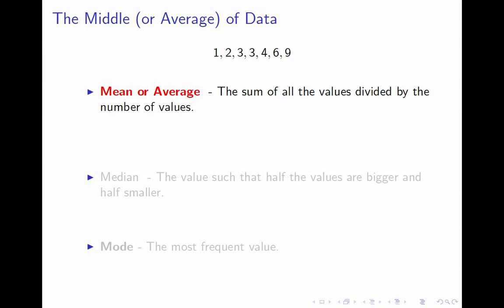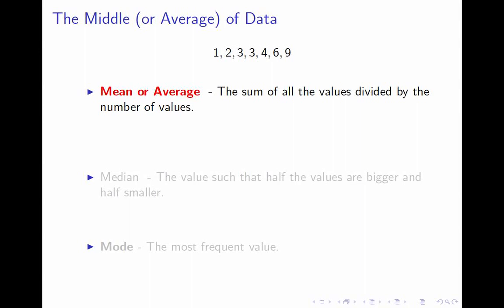In statistics, that is called the mean, and it's just one of several averages. So in statistics, an average is any measure of central tendency, anything that's attempting to capture the middle or typical value. We'll learn 2.5 averages. The first one is the mean or average, and that's the main one we'll focus on.